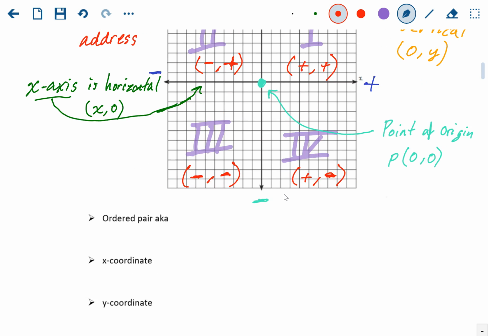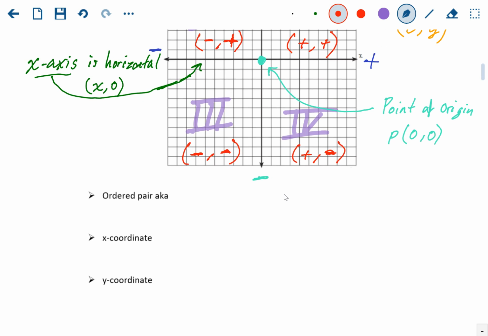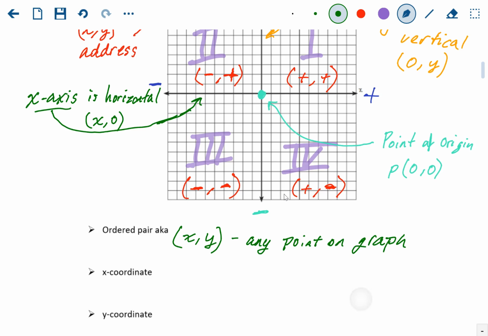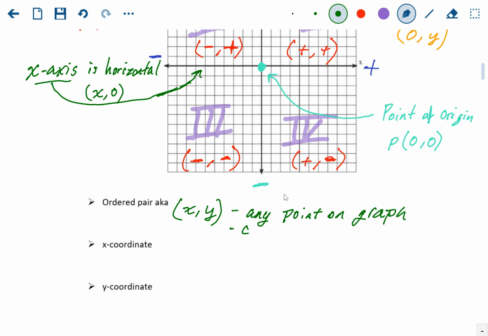All right. Ordered pairs, aka just x, comma y, we already said. Any point on the graph. And it's the coordinate address. So Ken already mentioned all this.